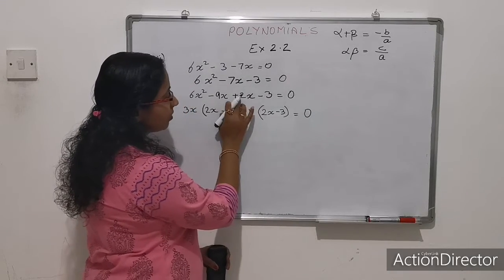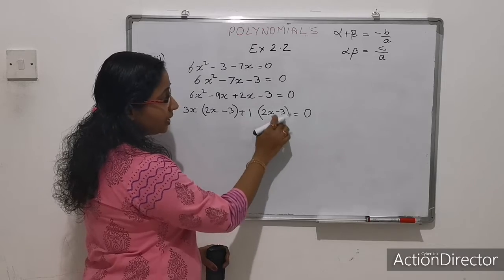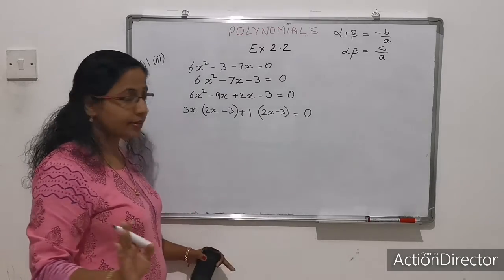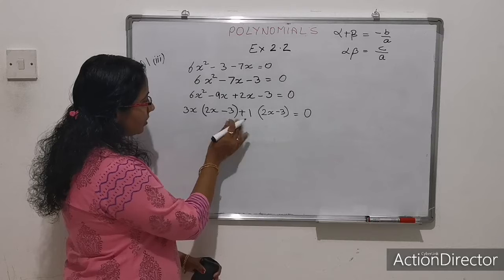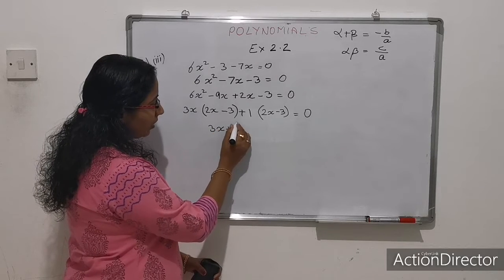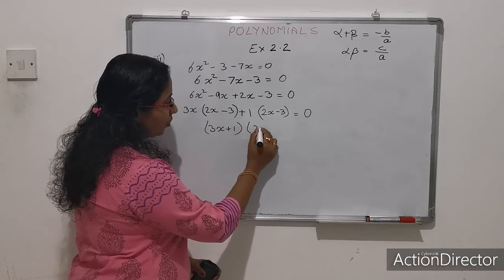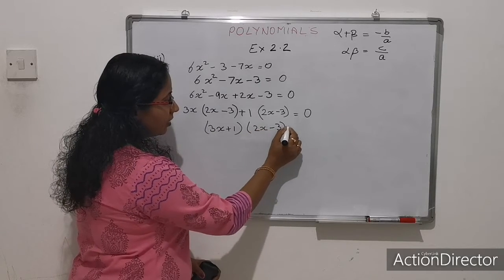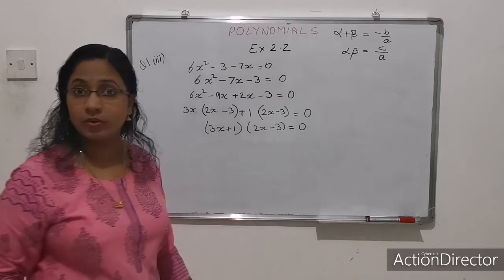Plus 1 into 2x is 2x, plus 1 into minus 3 is minus 3. So this and this combined become 3x plus 1 into 2x minus 3 is equal to 0.